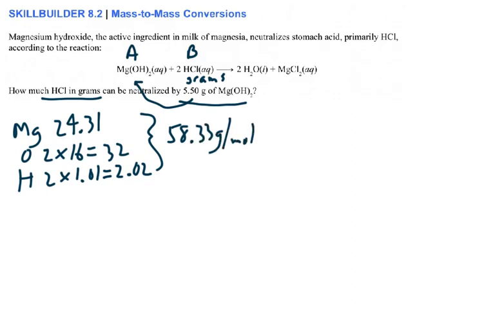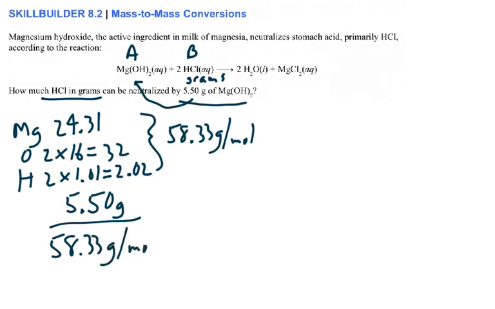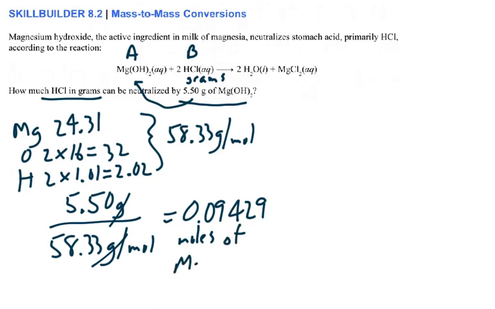So step one is to get the grams given, 5.50, divided by the molar mass, 58.33 grams per mole. The grams will cancel. You're going to get 0.09429, and that's going to be moles of magnesium hydroxide.